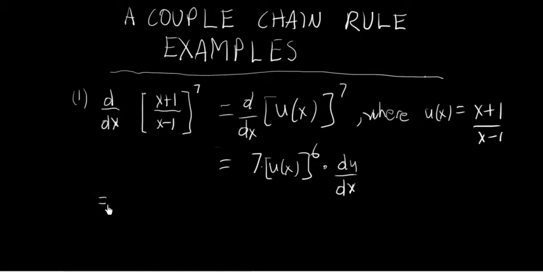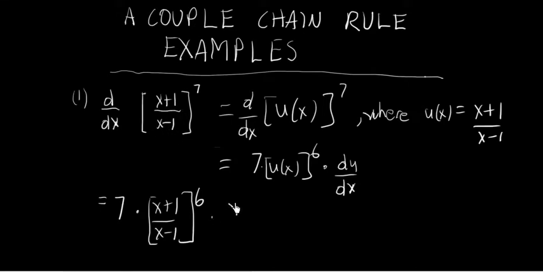So in this particular case, we have 7 times x plus 1 over x minus 1 raised to the 6th power, and then times the derivative of this with respect to x.